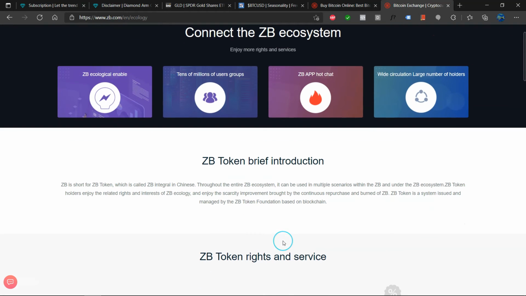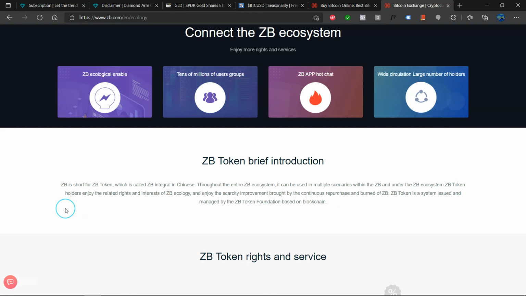So let's quickly learn a bit about SETB token. SetB is short for SetB token, which is called SetB integral in Chinese. Throughout the entire SetB ecosystem, it can be used in multiple scenarios with the SetB and under the SetB system ecosystem. SetB token, here they are lacking a space between the punctuation mark, a bit sloppy.